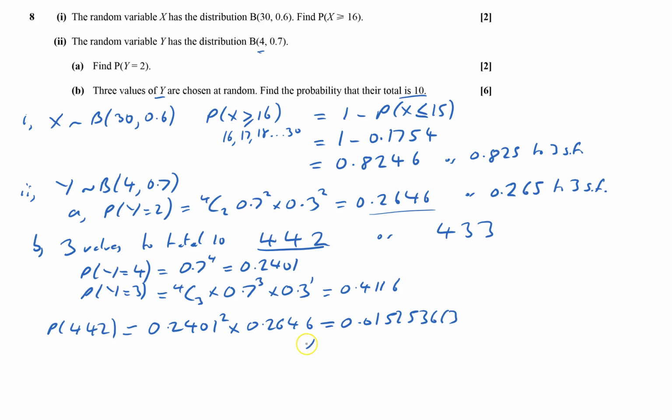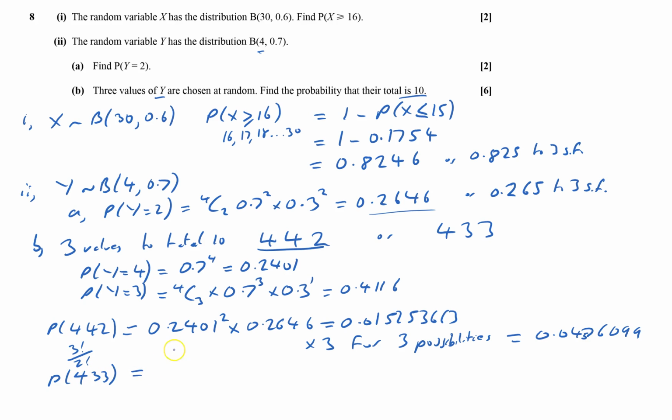But I need to times by 3 for 3 possibilities. Technically, there's 3 factorial over 2 factorial, or we can just see it anyhow. And that equals 0.0476099.